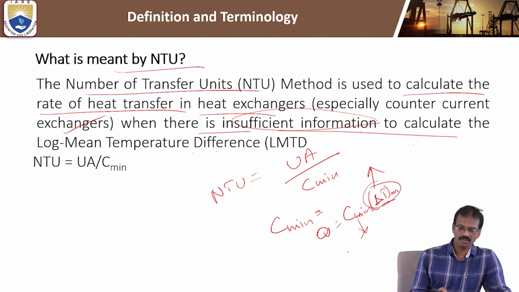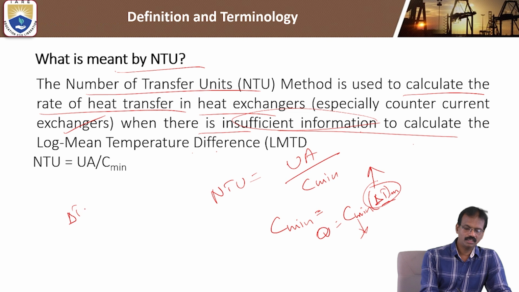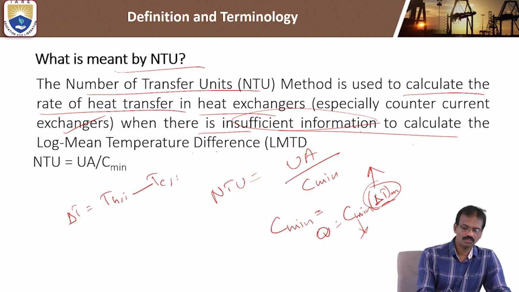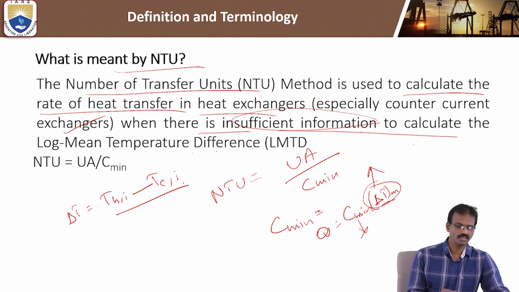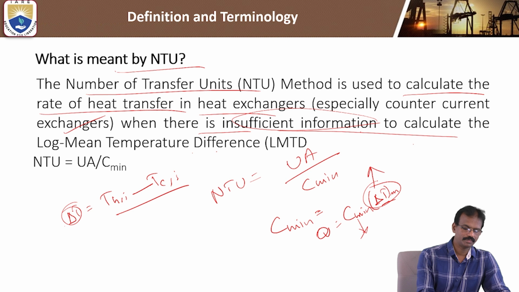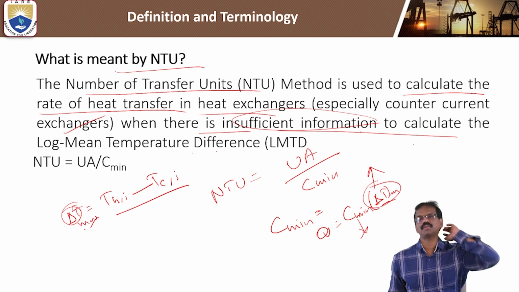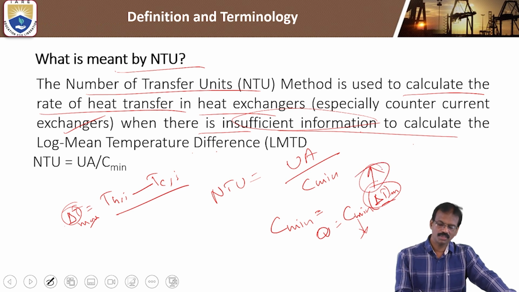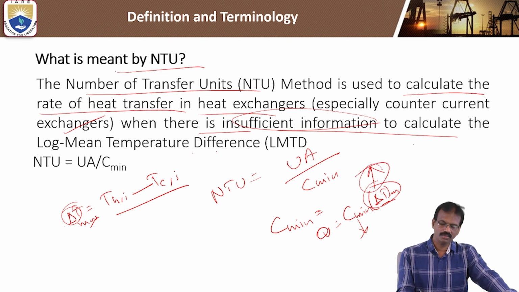When will we see the greater value? The heat transfer rate delta T is equal to the high temperature of the hot fluid minus the low temperature of the cold fluid. So the difference of this is the maximum delta T, the maximum temperature difference. So when the maximum temperature difference is multiplied with the specific heat, that specific heat is nothing but C minimum.